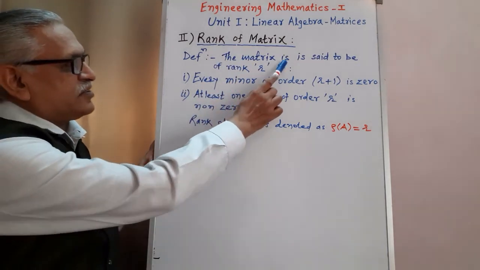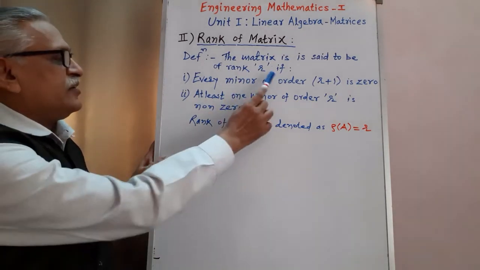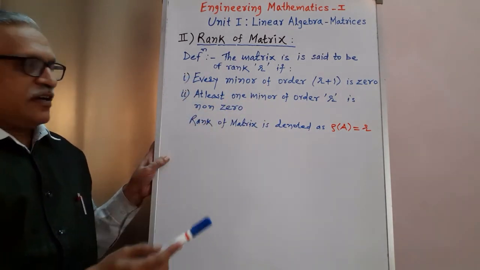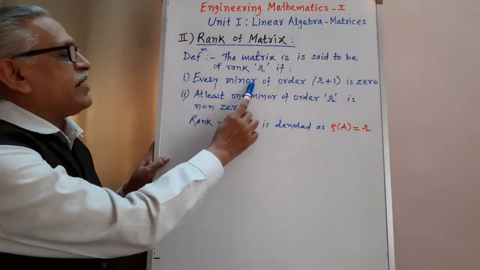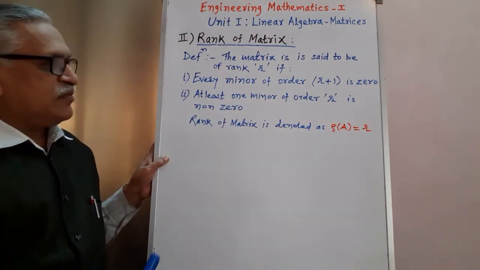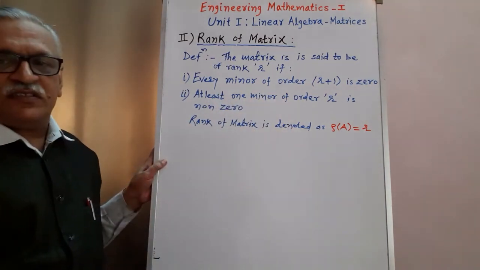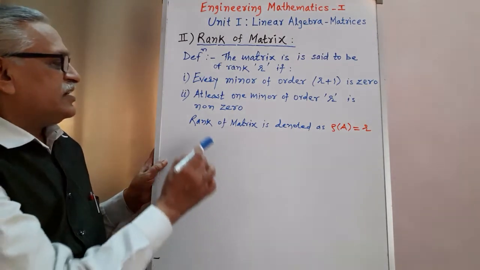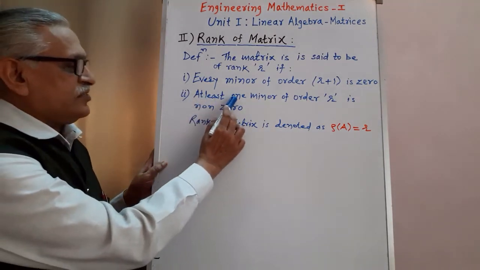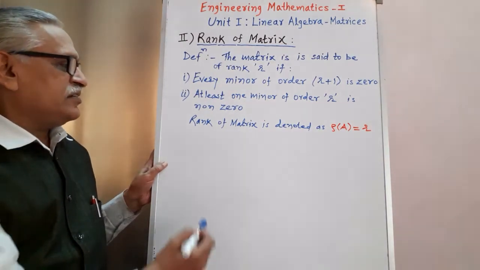The matrix is said to be of rank r, if it satisfies two conditions. Condition number one, every minor of order r plus 1 is 0. Minor means determinant. The determinant of order r plus 1 is 0 or vanishes. And second condition, at least one minor of order r is non-zero.